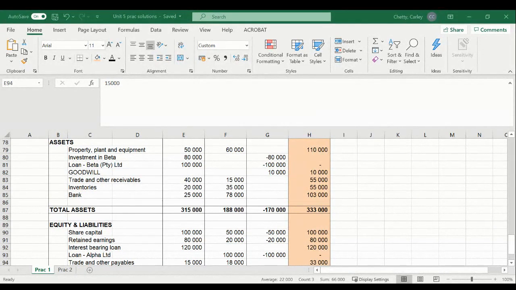So what journal entries would need to be processed to eliminate the intragroup transactions or loans? So it really depends on the scenario, but just think about the consolidated financial statements and how they're different to the separate financial statements.